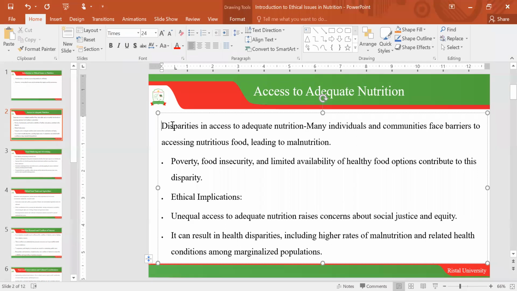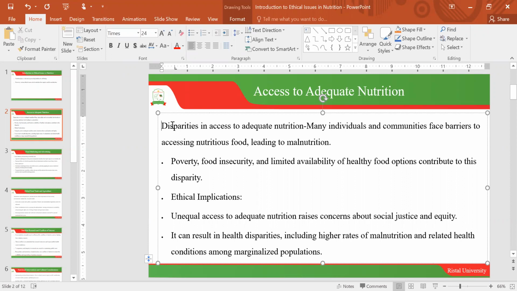Often these people are people who are poor, they don't have enough money to buy food, and therefore we say that these people are food insecure. And then that means that it is most likely that these people will have increased number of malnutrition.